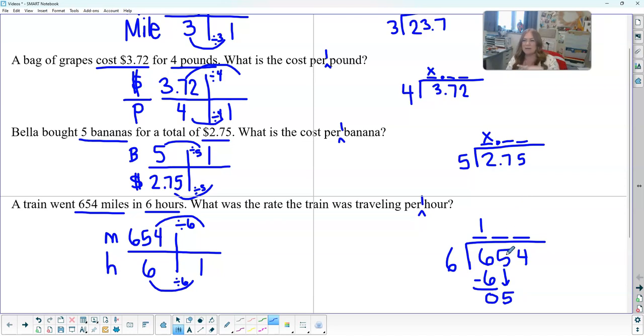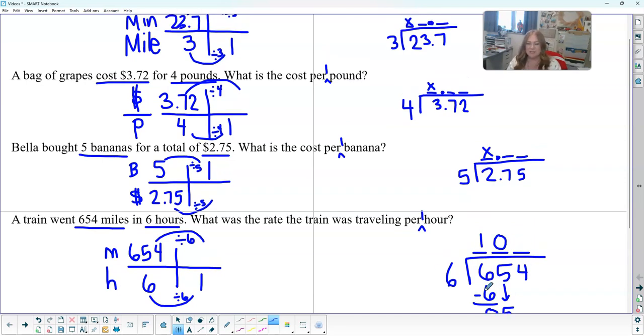Every time something goes down, something has to come up. So 6 goes into 5 0 times. You have to put that 0 there. If you just skip it and bring down your 4, you'll only have 2 numbers. And I need 3 things, 1 above every digit in the dividend.